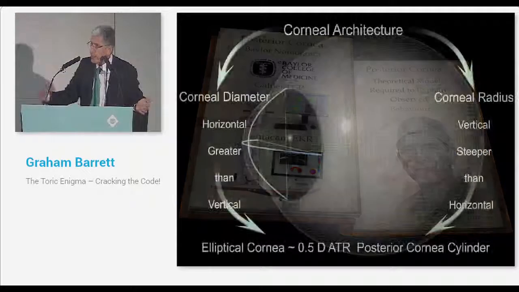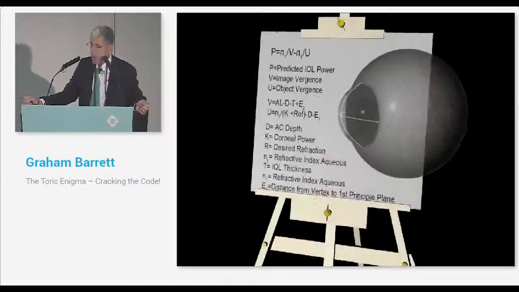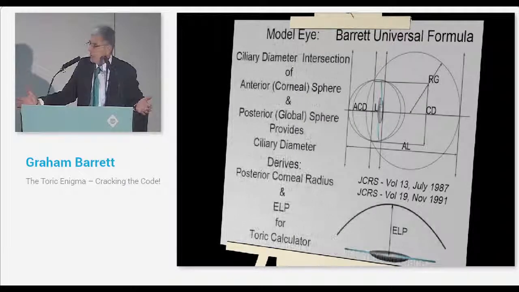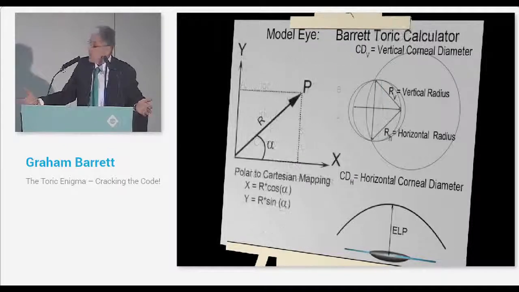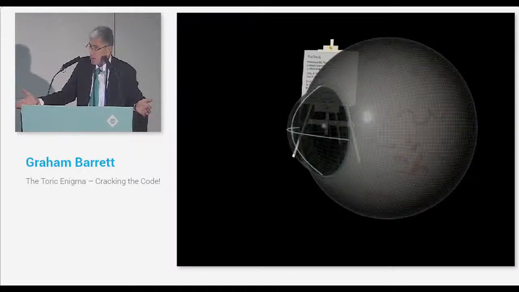Well, my calculation formula, the Universal 2, inherently is different than other formulae. It calculates a ciliary diameter. And I can use that formula to calculate a vertical radius and a horizontal radius. And this allows me to predict the posterior corneal astigmatism without actually measuring it.